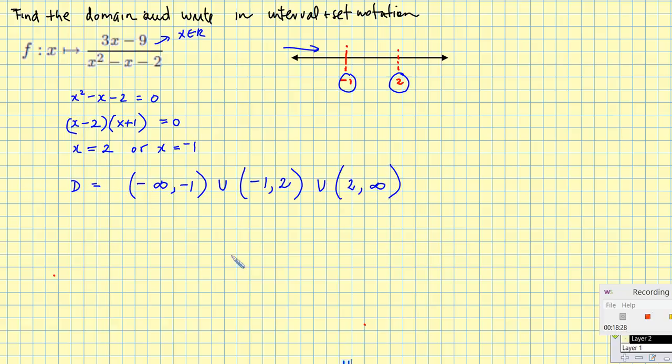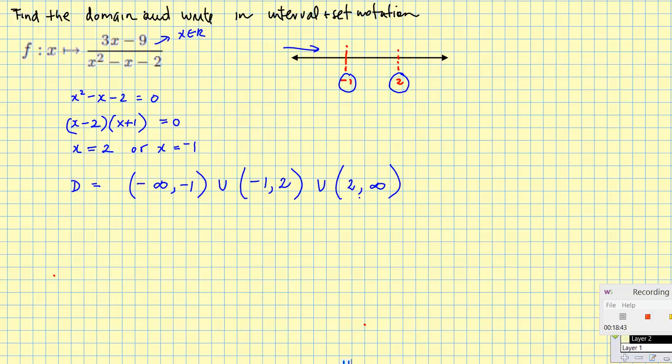So negative 1 and 2 are not included, but all the other numbers are.